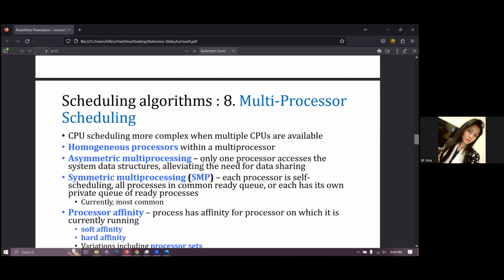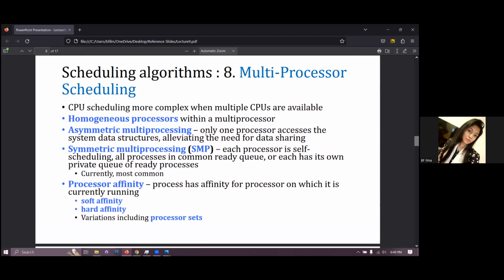In the case of multiprocessors, we have to utilize all the CPUs in an effective manner. When we consider multiprocessor systems, there can be heterogeneous or homogeneous. Heterogeneous means different kinds of CPUs, while homogeneous means the same kind of CPU. There are two approaches here. The first is asymmetric multiprocessing.